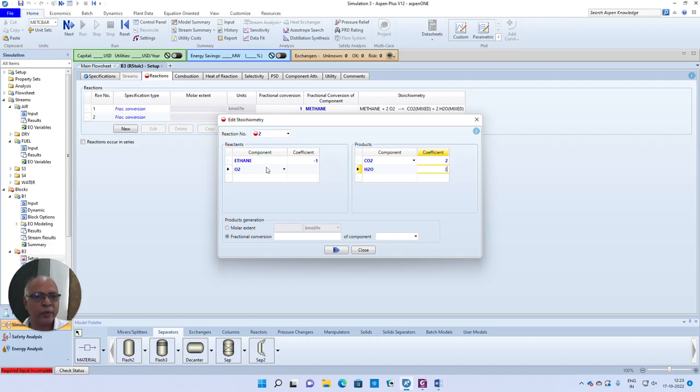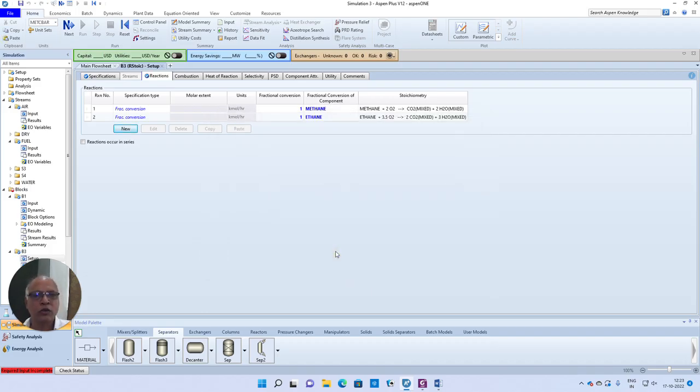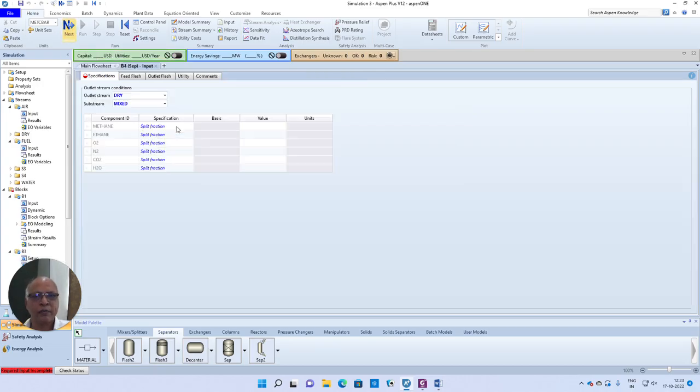So what is the oxygen requirement? For every mole of ethane, we require 2 moles of oxygen and 1.5 moles for water, so total 3.5. Then once again, I am assuming a complete conversion of ethane, because only we are supplying air in excess. So having defined this reactor model and reactions, go to the next.